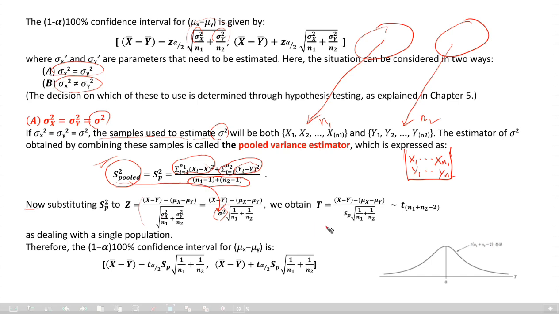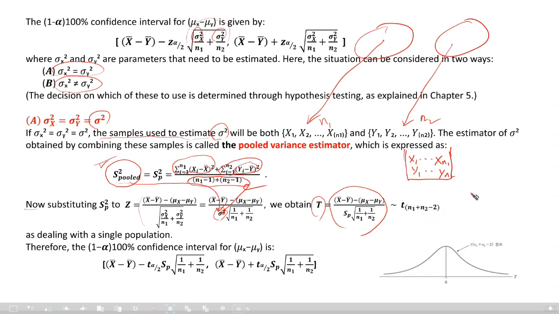Then we obtain the T statistic. Sorry, this is not square, just sigma. So this T has a T distribution with degrees of freedom n1 plus n2 minus 2.